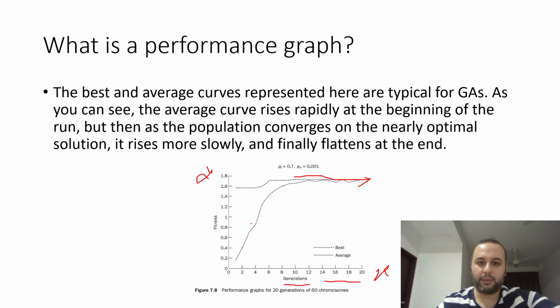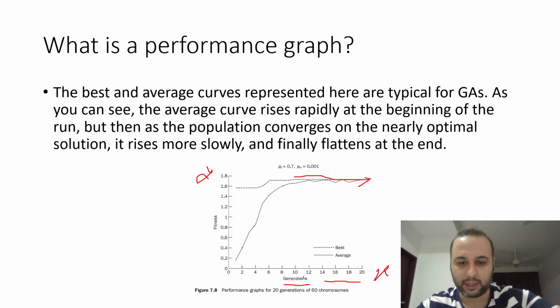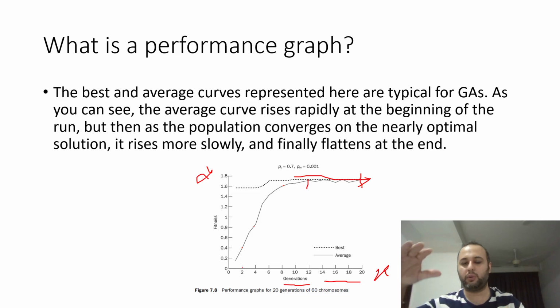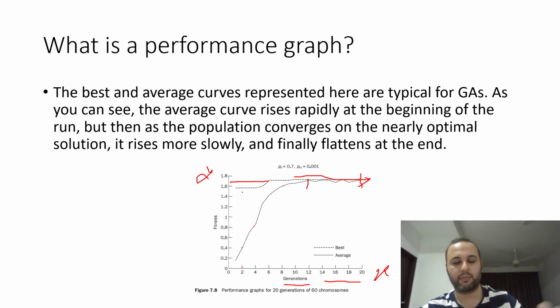So this graph shows that from iteration 12, for example, to iteration 20, the algorithm settles at one point, for example 1.7. So it means the maximum value of this algorithm is 1.7, and the algorithm is converging.